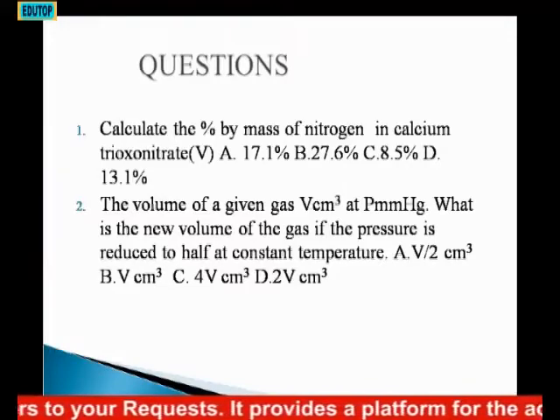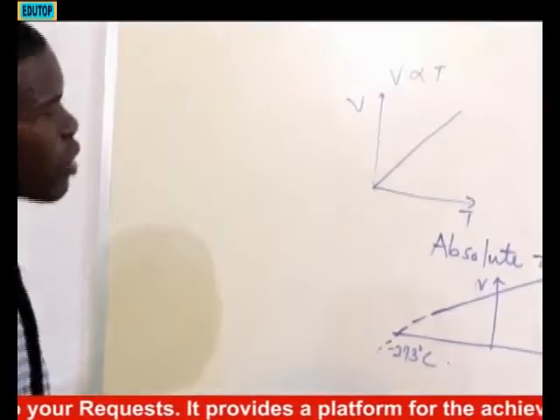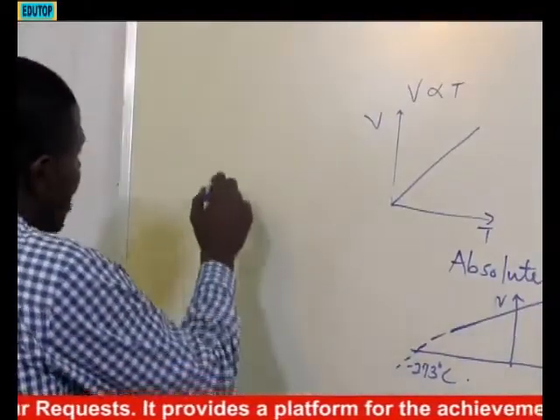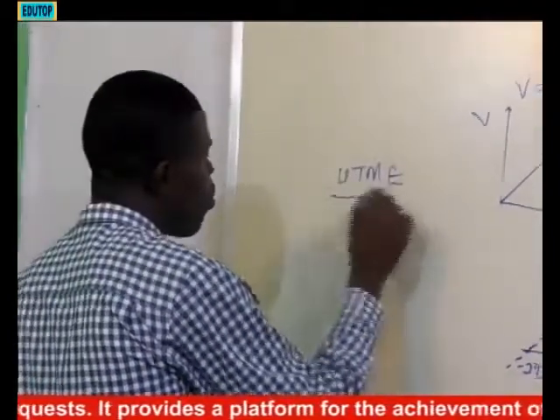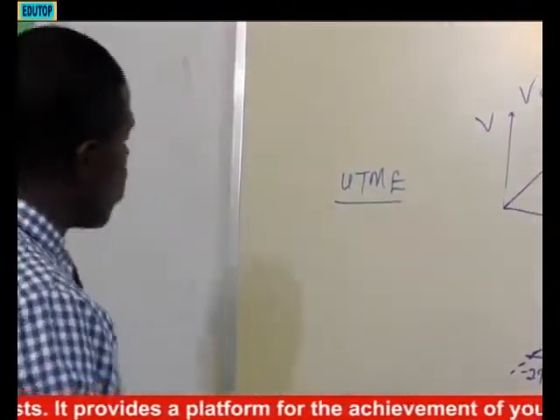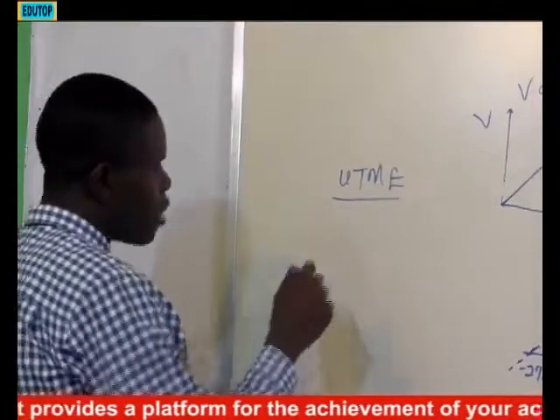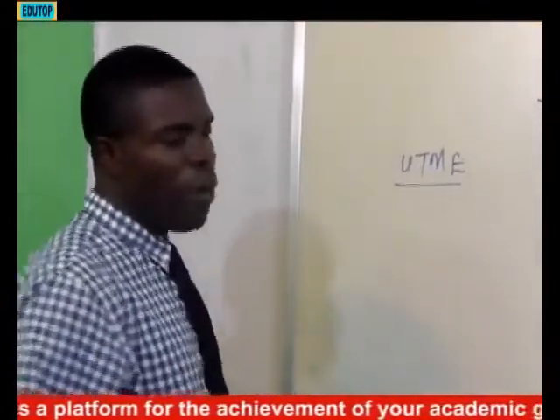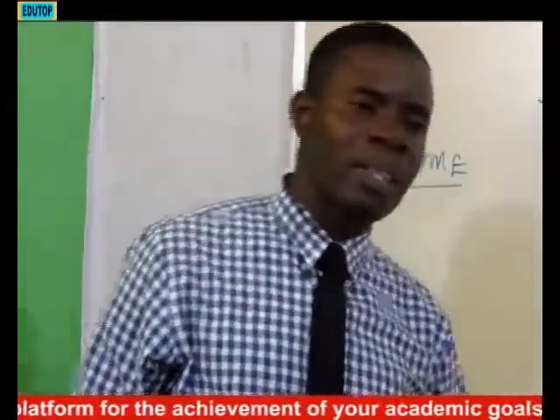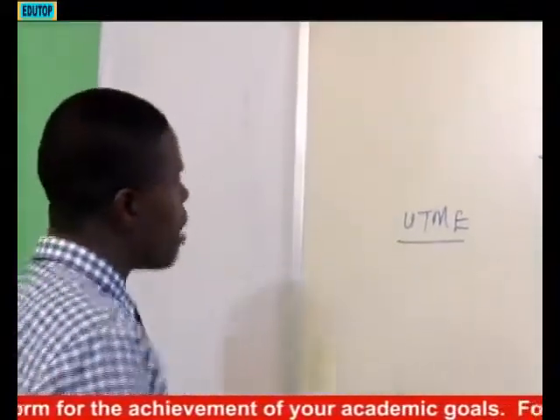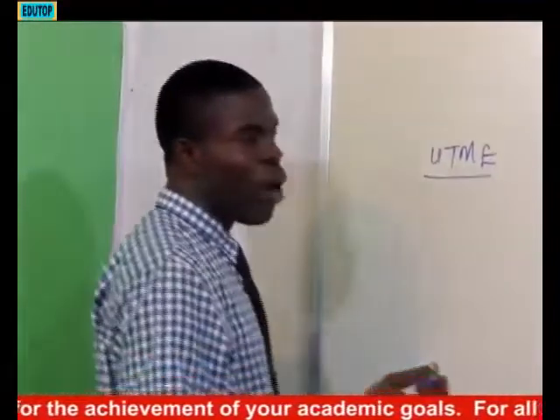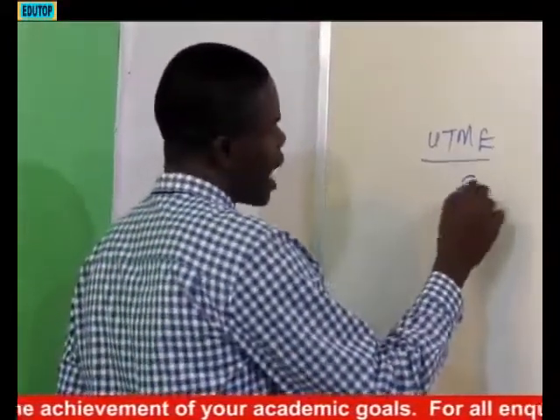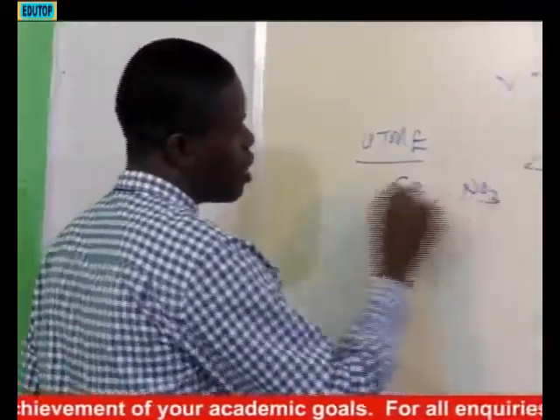Because this is UTME, an advanced stage of the secondary school lessons, you should have known how to form a compound given the respective ions. For calcium trioxonitrate(V), you have calcium coming together with nitrate.